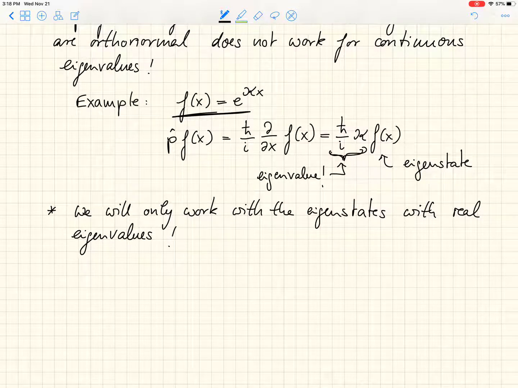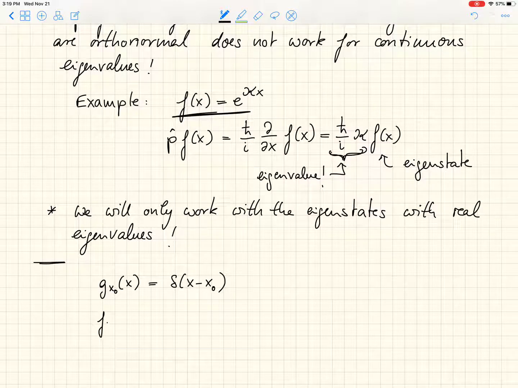And this pretty much brings me to the end of this discussion. A fun exercise that you can think about yourself is, we have seen that the eigenstate to the position operator is given by the Dirac delta function in real space.